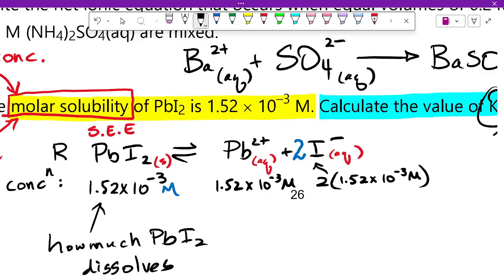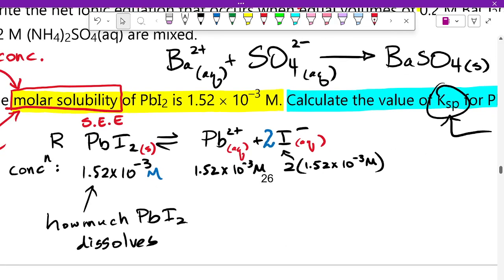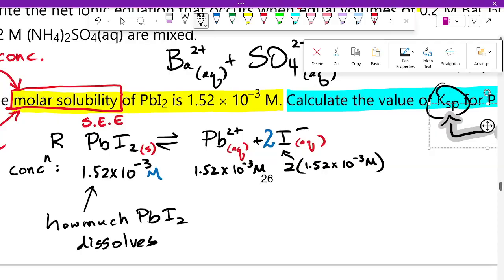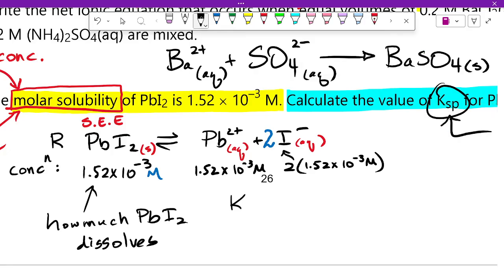So easy, yes? Now we know the concentrations of the Pb2+ and the I minus. How would we find the value of the KSP? First, we would need to write the KSP expression. Can we do that? KSP is equal to, what does it equal?